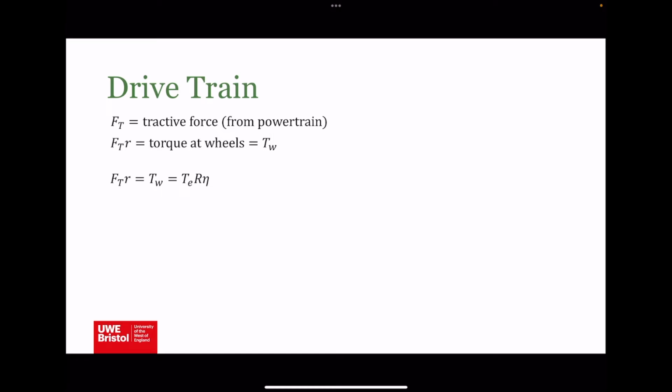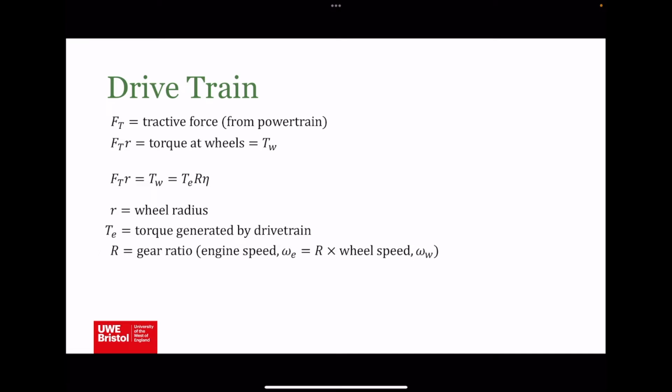So FT times R is the torque of the wheel, and the torque of the wheel is equal to the torque of the engine through the gear ratio and through some efficiency. R is the wheel radius, and torque is generated by the drivetrain through the gear ratio. You can also relate the speeds through the gear ratio, so the engine speed is the gear ratio times the wheel speed, and that gives you the different speeds available.